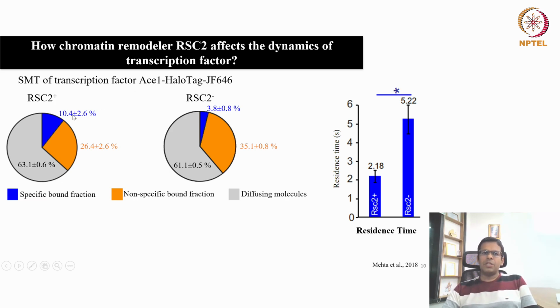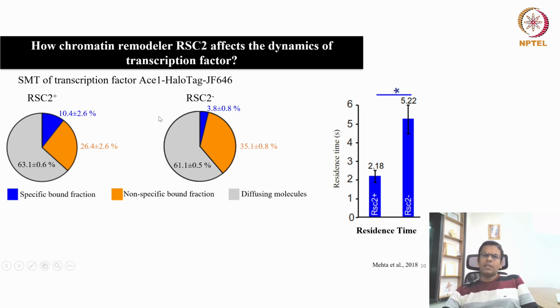Then I measured its residence time in the presence and absence of the chromatin remodeler RSC2. What you can see is that in the absence of RSC2, the blue fraction, which represents the specifically bound molecules of the transcription factor that are actually activating transcription, has reduced from 10% to 3.8%.